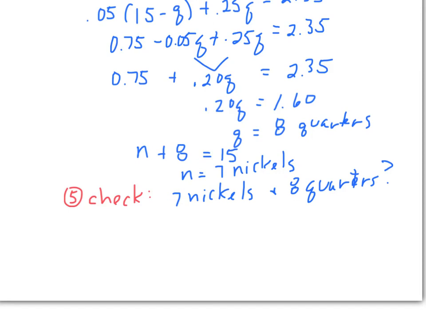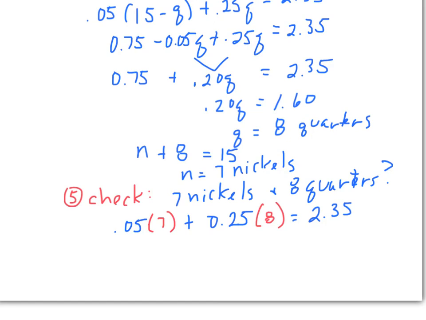So right now we're pretty much thinking we've solved and found the number of nickels and quarters. We've got 7 nickels, 8 quarters. We've used this equation here to tie that together. So the question is, if our answer is correct, it should also fit into the other equation that has the value. So we're going to check that to verify that 7 and 8 are the correct values.